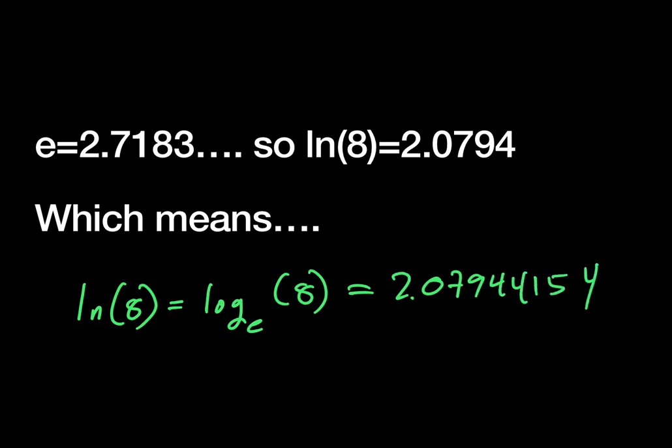since that equals 2.07944154, etc., that means if I convert it into exponent, that means e to the 2.07944154, minus some rounding errors. So if I take that number, take e to that power, sorry.